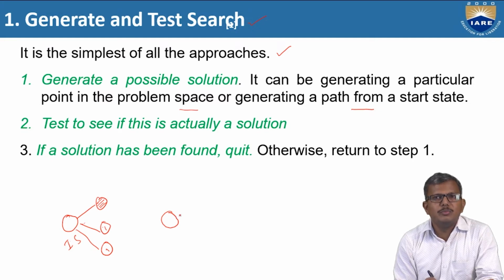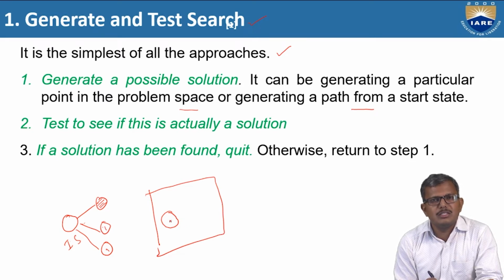If this is our search process, we need to select one particular node or one particular point in the state space or search space. So the first duty in implementing the generate and test technique is to identify this node.